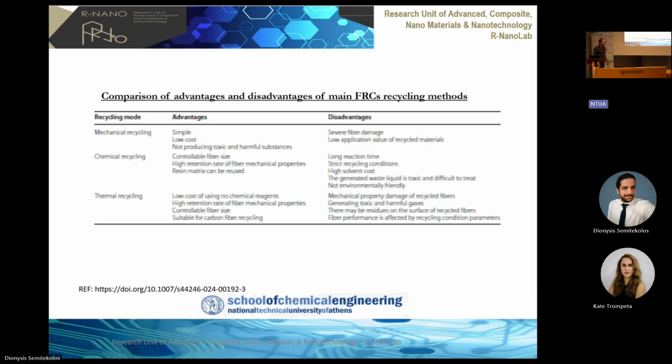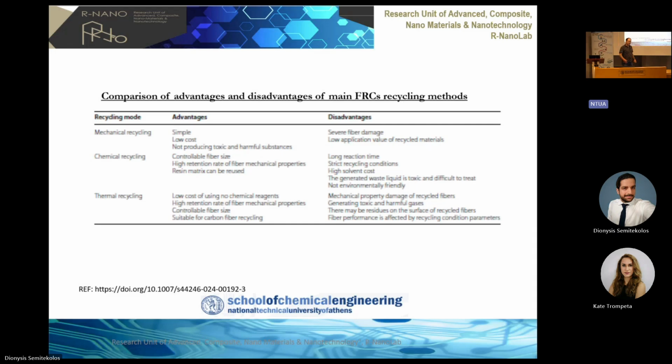Here you can see a typical table about the advantages and disadvantages of each method. I will focus on the case of chemical recycling. Here, the main advantage is the fiber size.